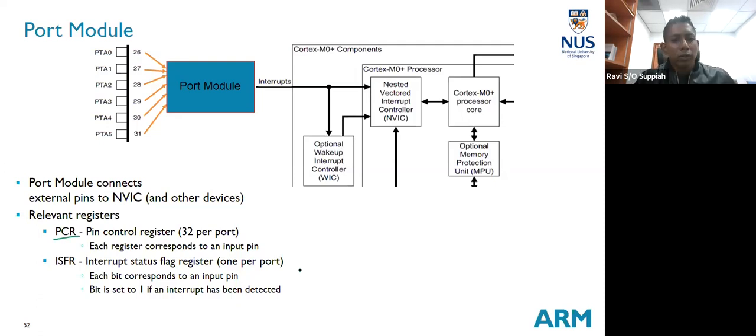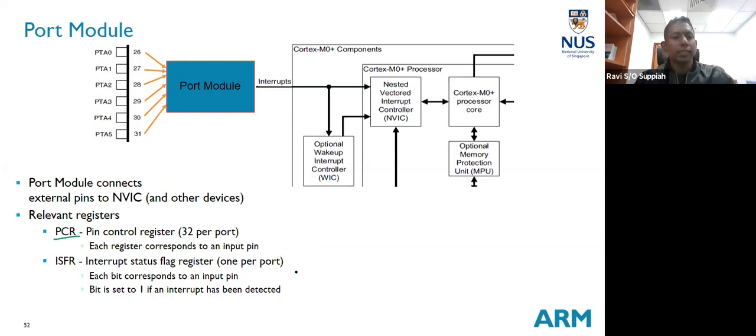This pin control register is actually controlling a lot of things. One of the things we saw was multiplexing. You can configure each pin and select its multiplexing option. And today we're going to see how we can use the same register to configure some of the interrupt capabilities as well as the pull up or pull down capabilities of those particular pins.